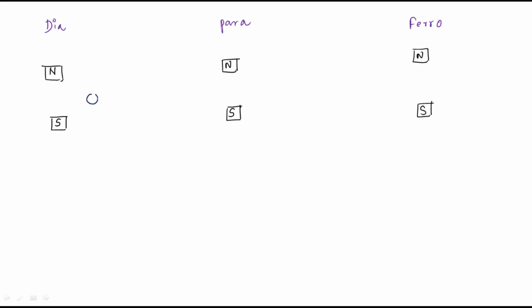So let us say we have a material here, like that we have a material here, here also we can have a material.